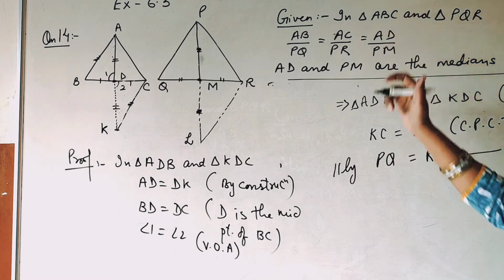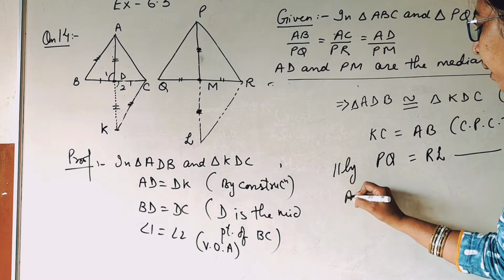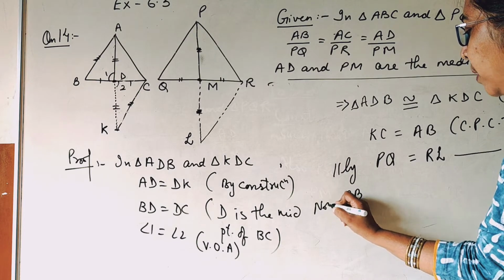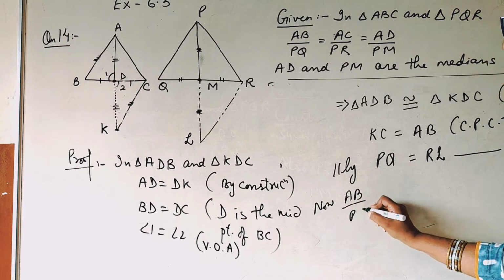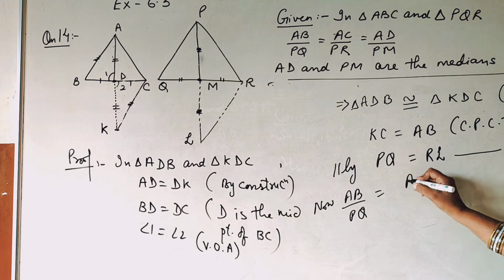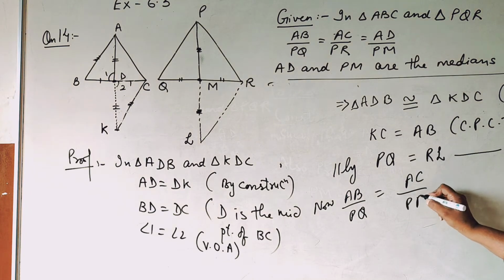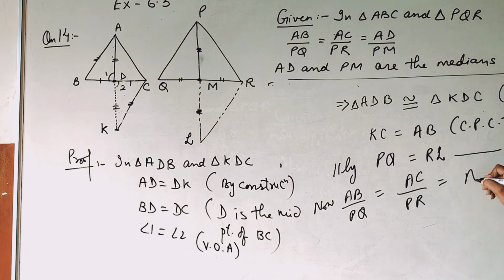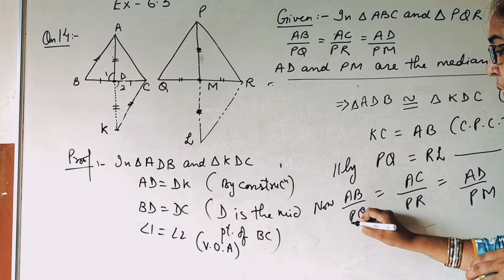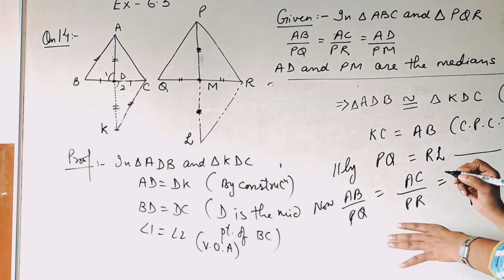Now after making these two sides equal, we'll take the ratio again. The ratio which is given is AB by PQ equal to AC by PR is equal to AD by PM, and this is from given. But I just want to make little changes here.